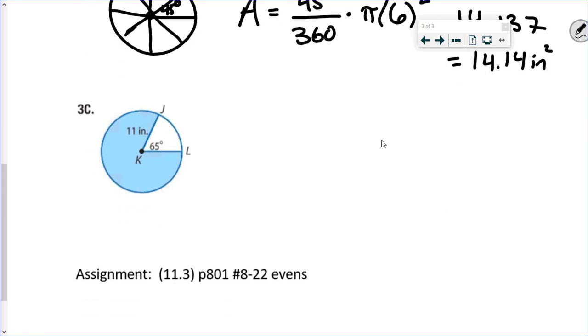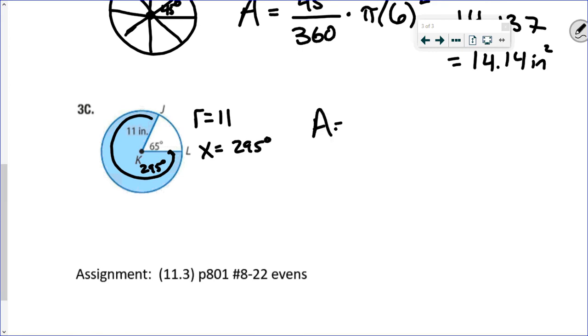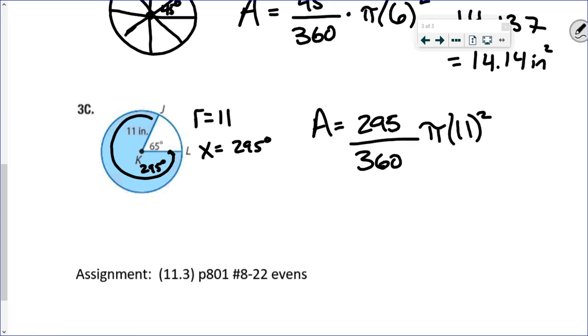Taking a look here, the radius is 11. I think they want us to find the area of the shaded region. The measure of that central angle would be 360 minus 65, so 295 degrees. Again, you plug into the formula, x being 295 over 360 times pi times 11 squared.